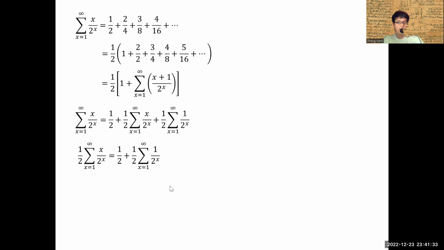If I bring this over, I will subtract on both sides, and thus on the left-hand side I have half the sum of x equals 1 to infinity of x over 2 to the power of x. What do I have on the right? I have half, which remains, and over here I have half the sum of x equals 1 to infinity of 1 over 2 to the power of x on the right-hand side.